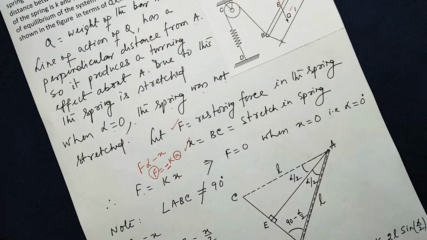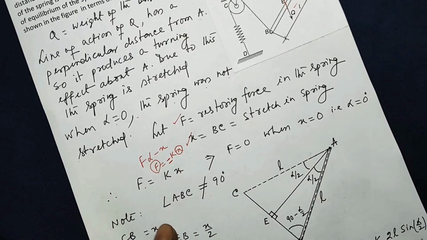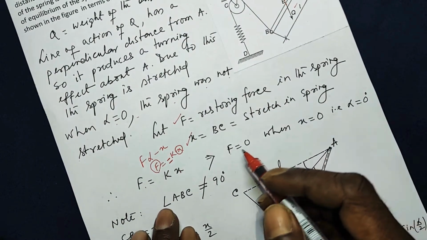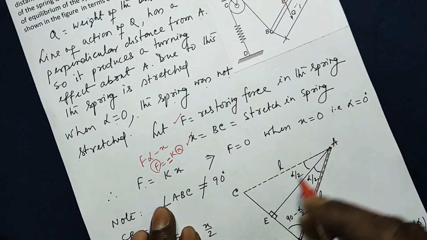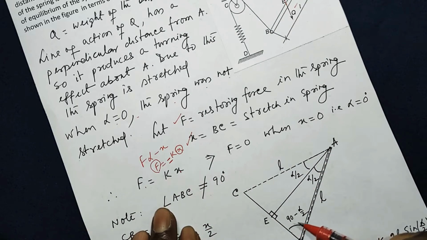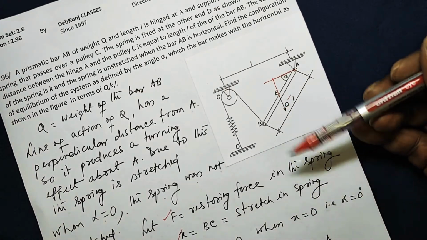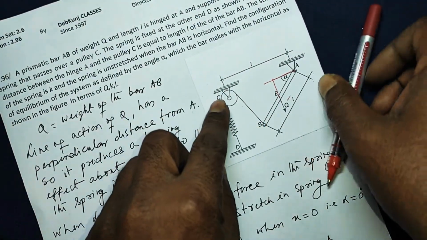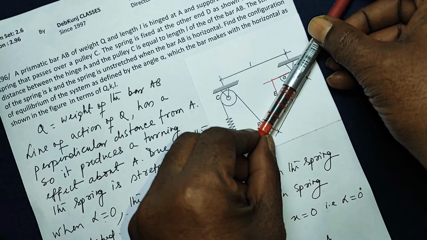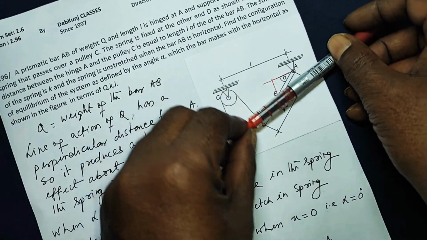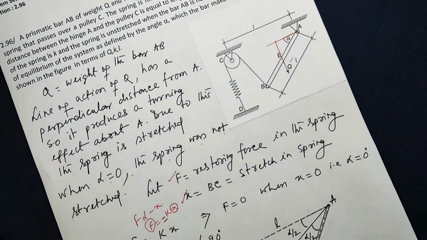I am resuming again. So it is clear how F is equal to 0 when x is 0. When the spring has not been stretched, that is x equal to 0, then alpha is also 0.